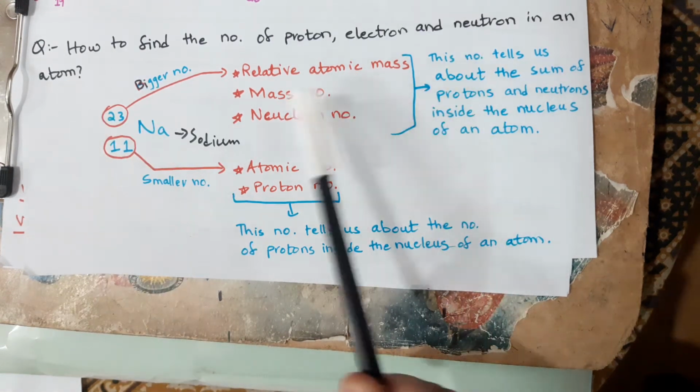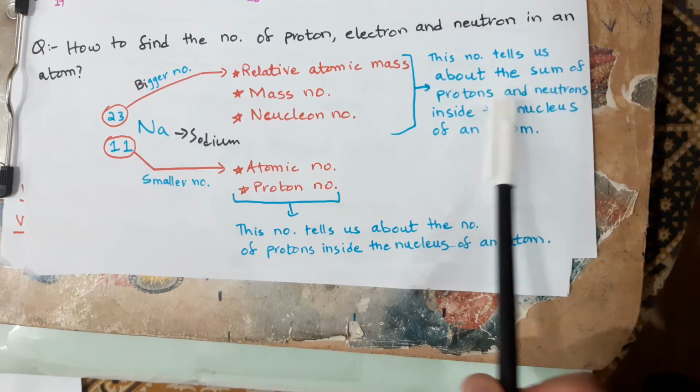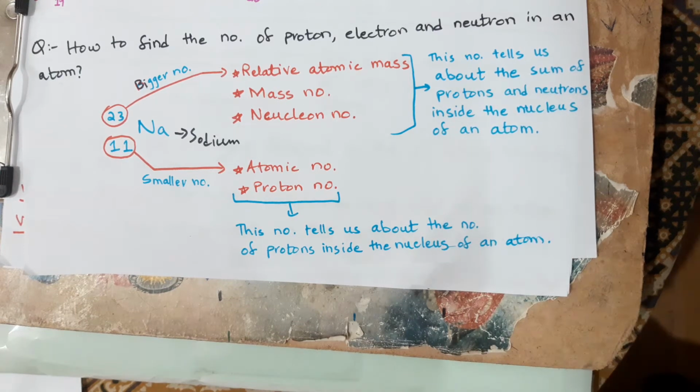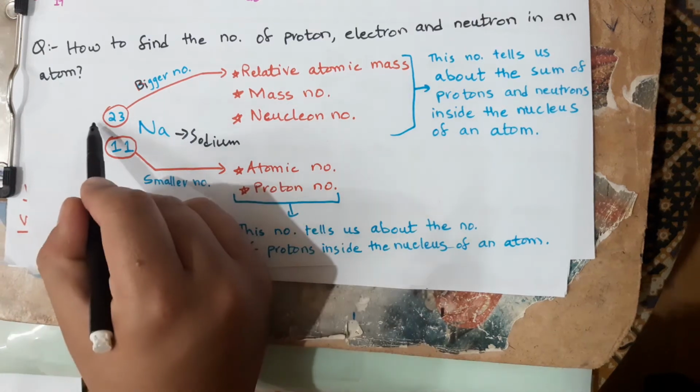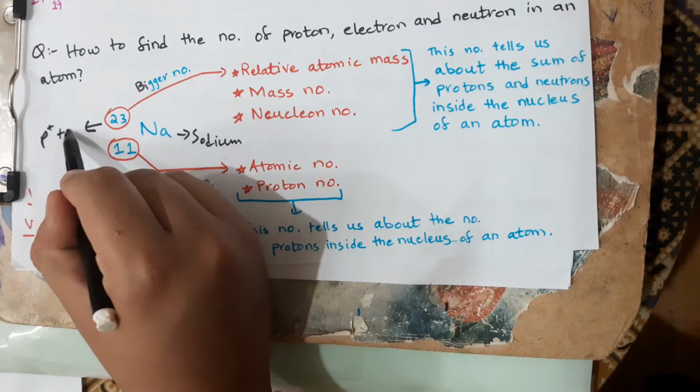Why? Because the mass number is the sum of protons and neutrons inside the nucleus of an atom. So what does the mass number include? It includes protons and neutrons both.